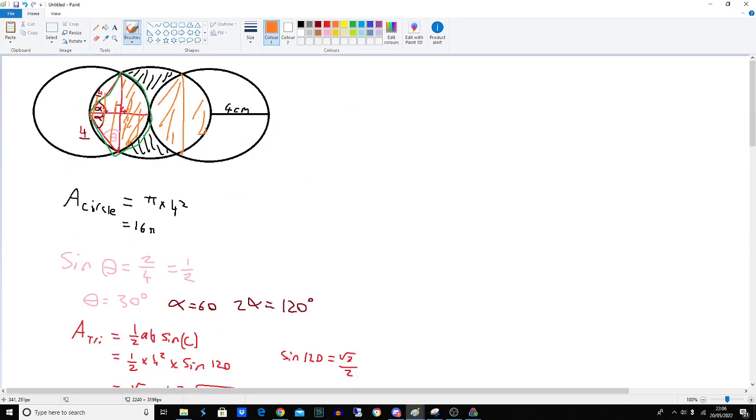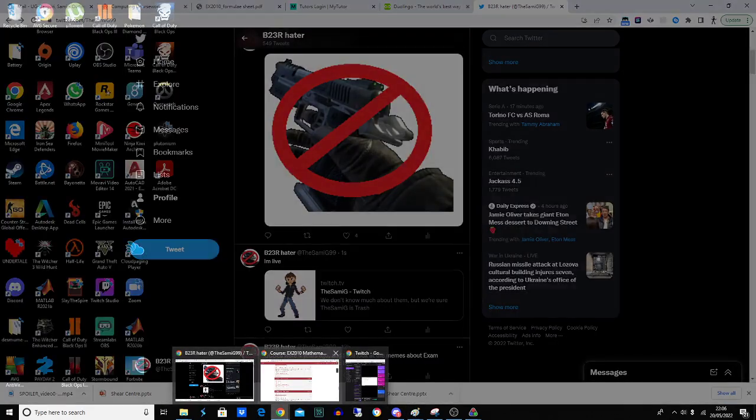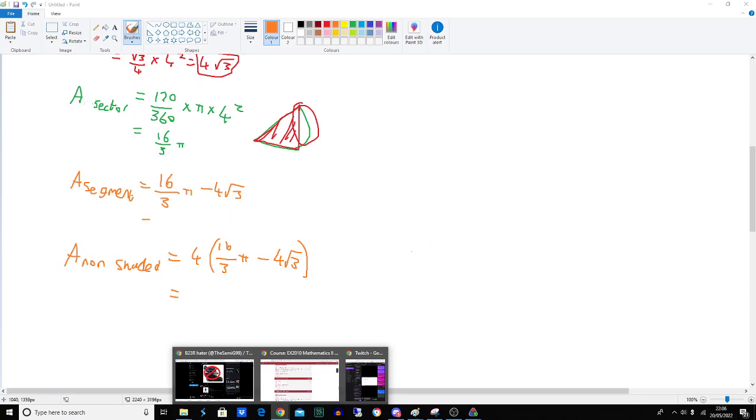So the area of the non-shaded region of the circle, we'll call this area of non-shaded, is equal to 4 times 16 over 3 pi minus 4 root 3. We'll just leave it at that for now.